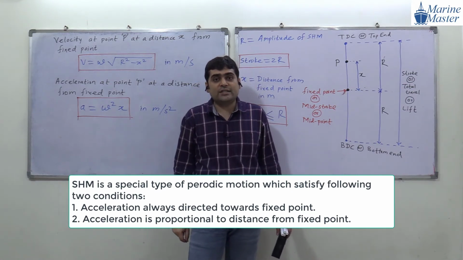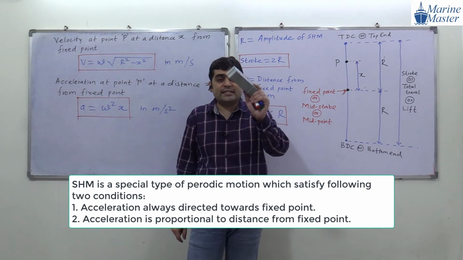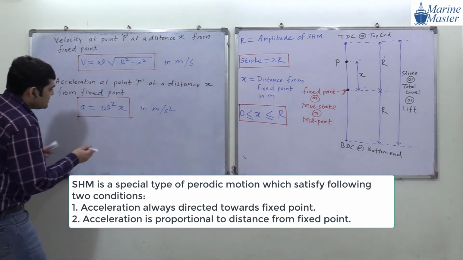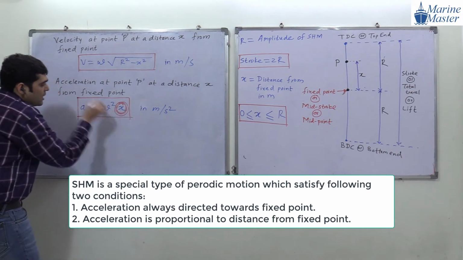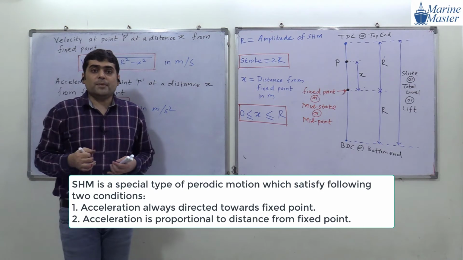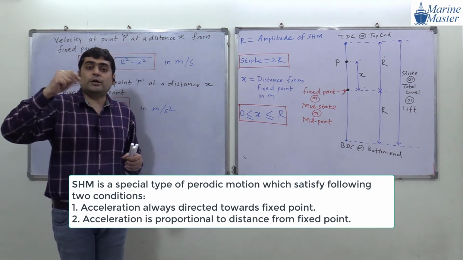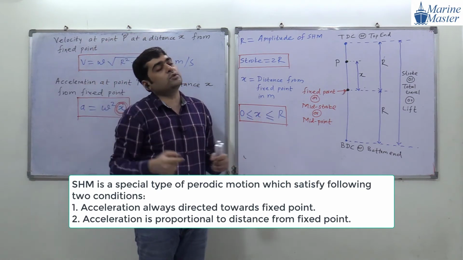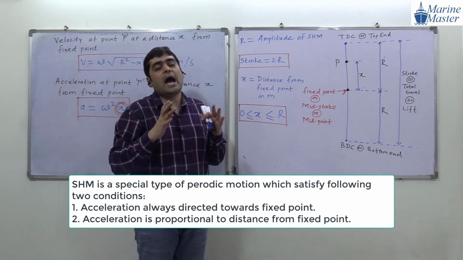What is the meaning of the word x, everyone? X means distance from the fixed point. So try to see the scenario. If the distance x from the fixed point is more, then acceleration will also have a higher value.